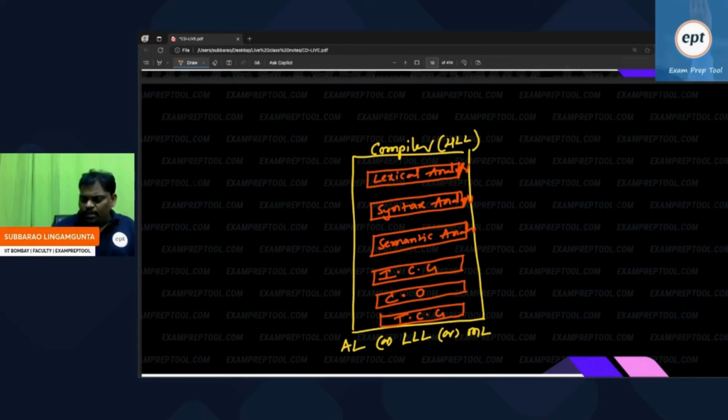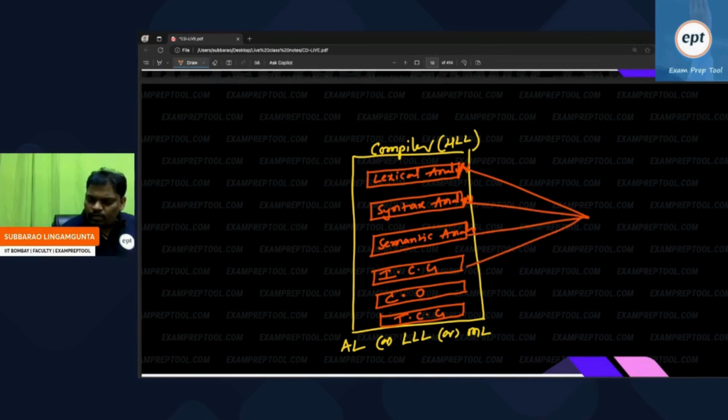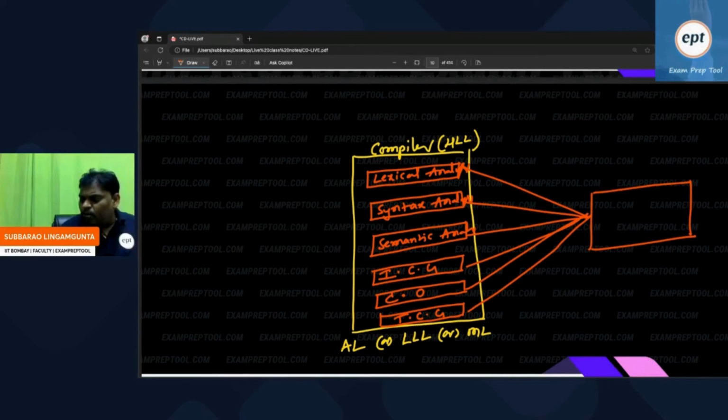Some people are asking, sir, whenever this big program is running, if I want to store something, where will I store it? I think some global space is there. That space is called the symbol table. While the program is running, I want to note something down. Where will I note it down? In the symbol table.